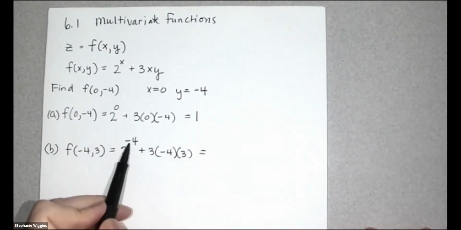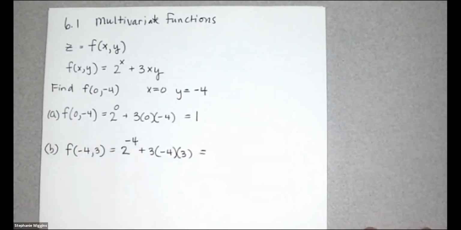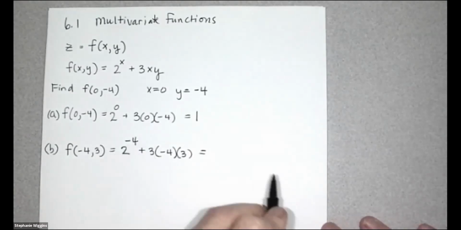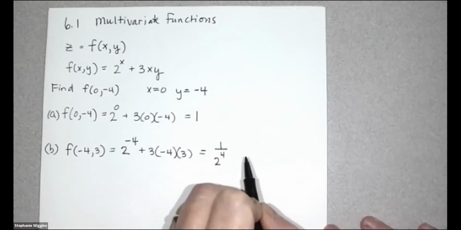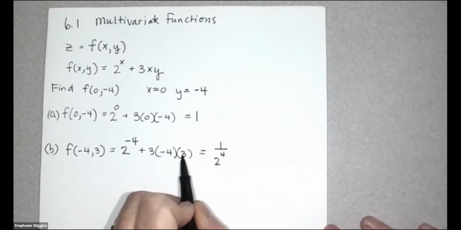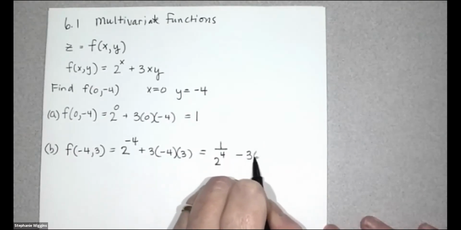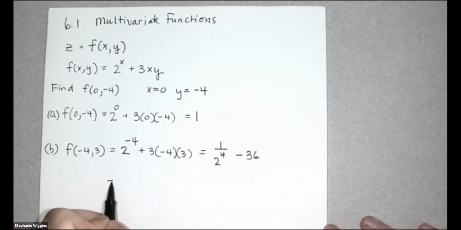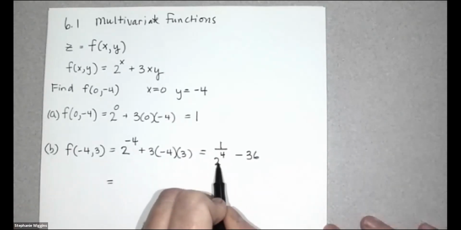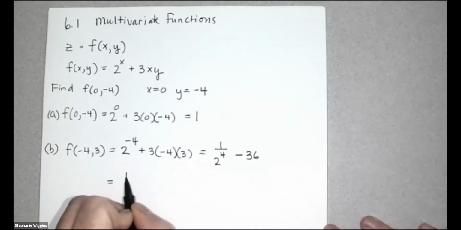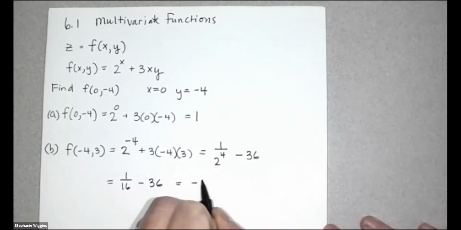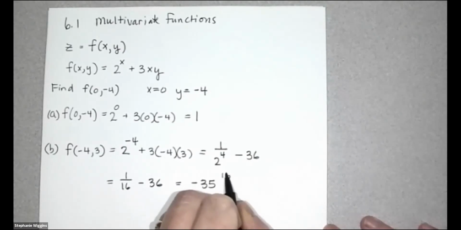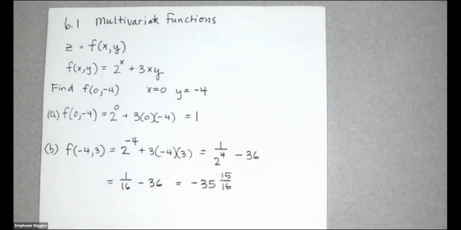This negative means I take the reciprocal of 2 to the power of 4. So this is going to be 1 over 2 to the 4. And 3 times 3 is 9. So 2 to the 4 is 16. So 1/16 minus 36, which is -35 and 15/16.